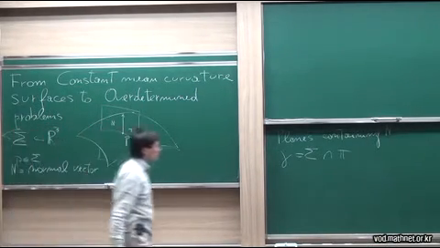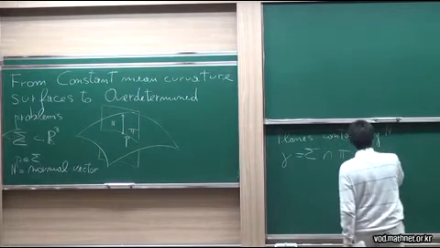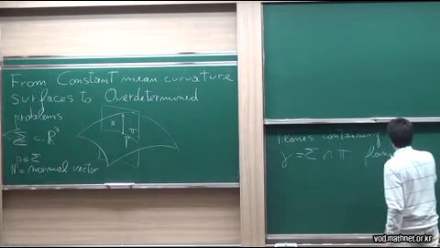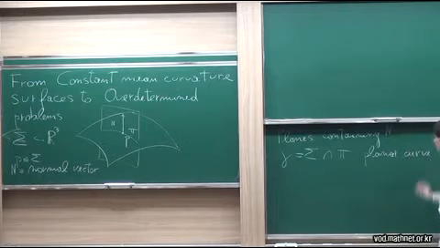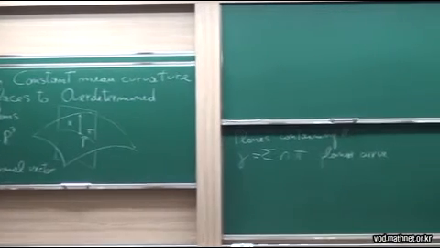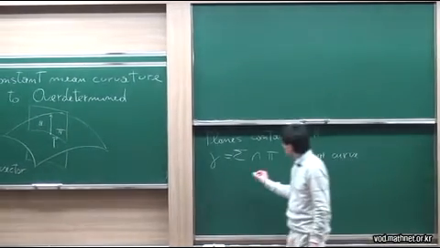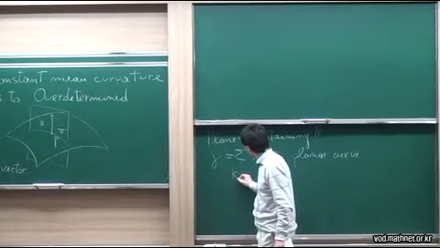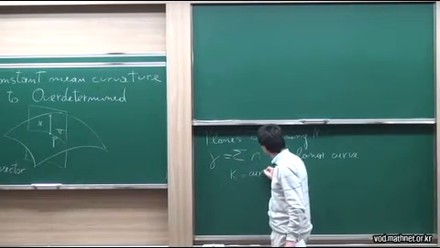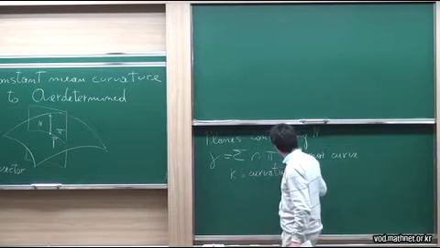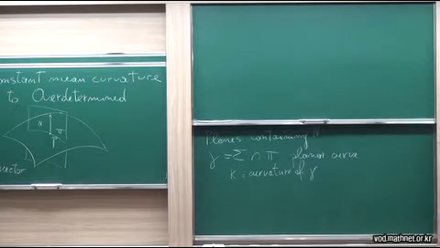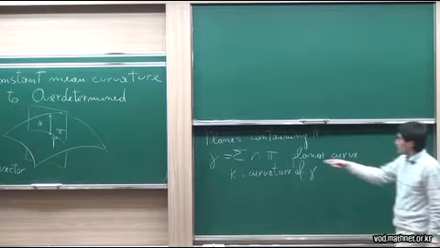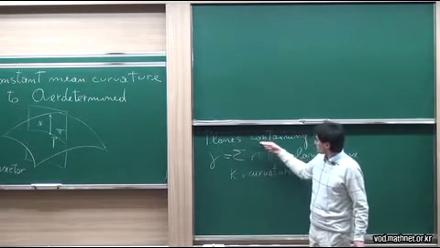What we get is a planar curve, and of this planar curve I can compute the curvature K of gamma. And I repeat this process for any pi in the family of planes containing n.